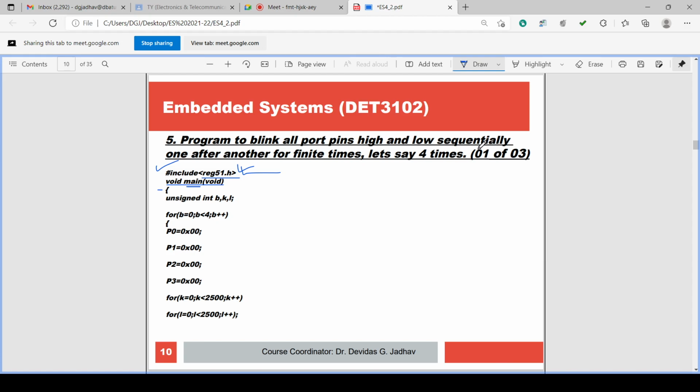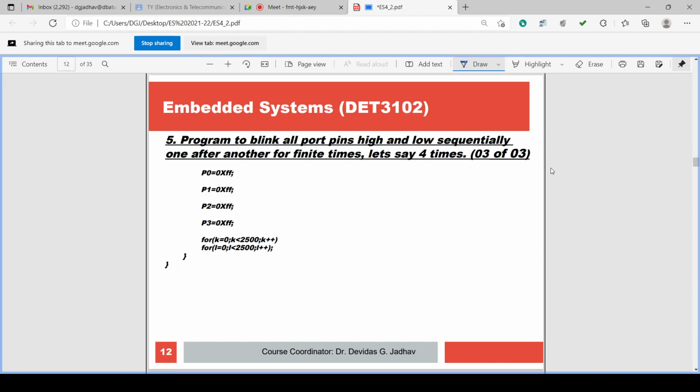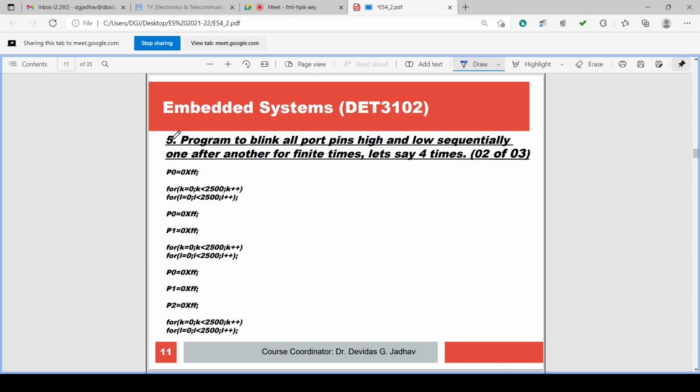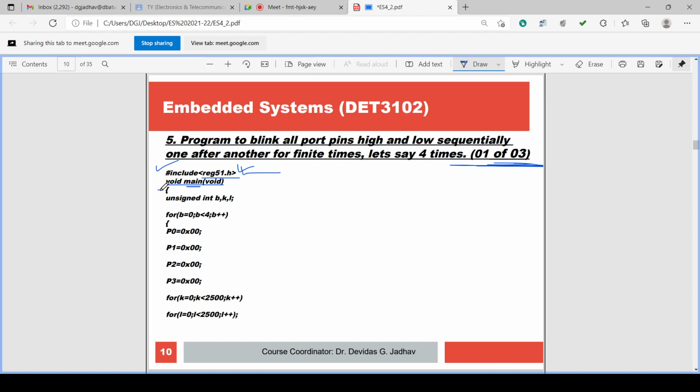So here also we are having the 3 pages, 3 slides. Slide 0, 01 of 3, 02 of 3, 03 of 3. So curly bracket of the main ends here. So main will have this much territory, we can say. This is the main.